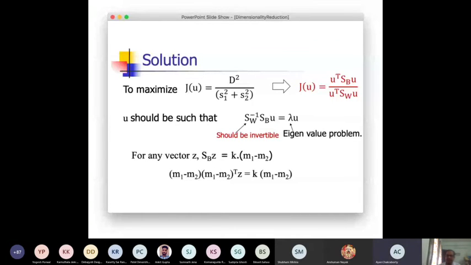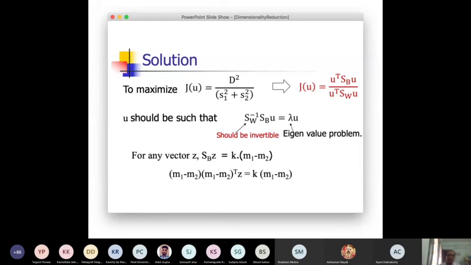That means the direction will always be in the direction of M1 minus M2. Because M1 minus M2 transpose into Z will be a 1 by 1 element. Yeah, that is one way. It is basically the dot product of two vectors, and it has to always be a scalar amount.